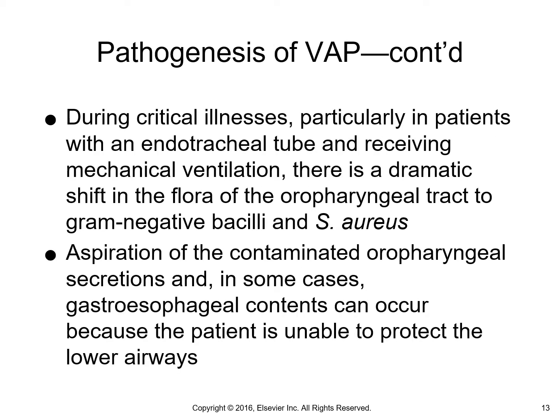Patients that have an ET tube and are on a vent have a dramatic shift in the flora of the oropharyngeal tract to gram-negative bacilli and Staph aureus.